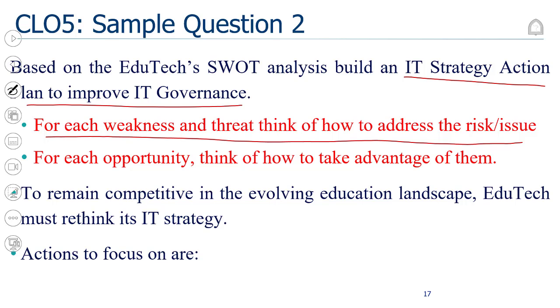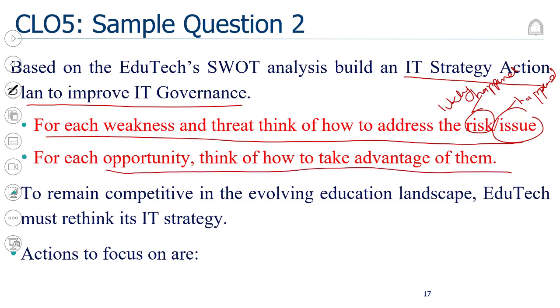Now, risk is very different. Risk has not happened, it is likely to happen. An issue is anything that has happened. For those of you who have done project management, you know the difference between the two. For each opportunity, think of how we could take advantage of them.